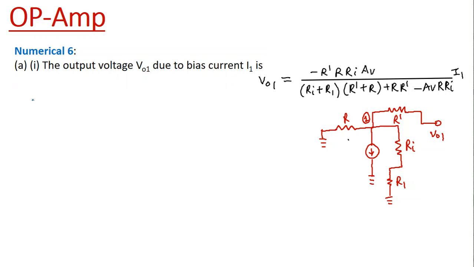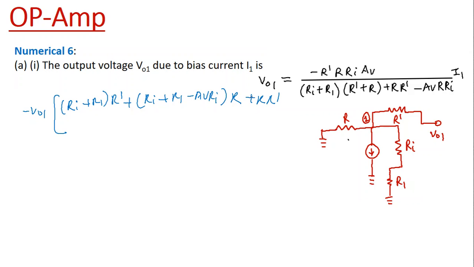So we get minus of VO1 whole multiplied by Ri plus R1 into R dash plus Ri plus R1 minus AVRI into R plus R dash, this whole divided by AVRI R dash into R. This is what we are getting.